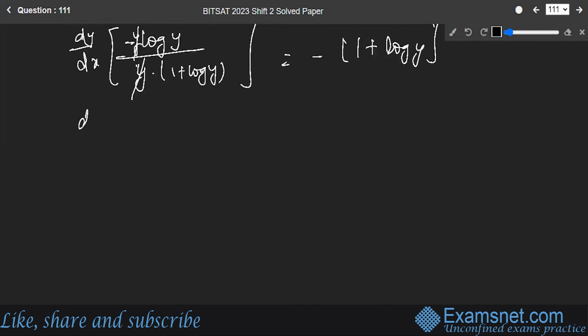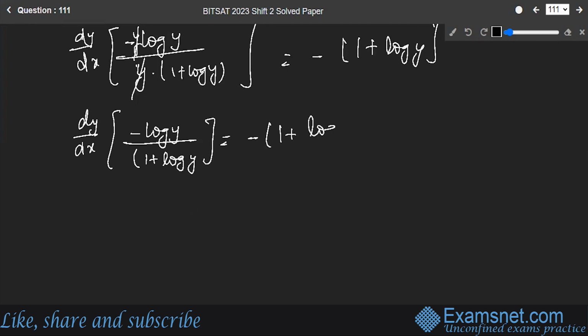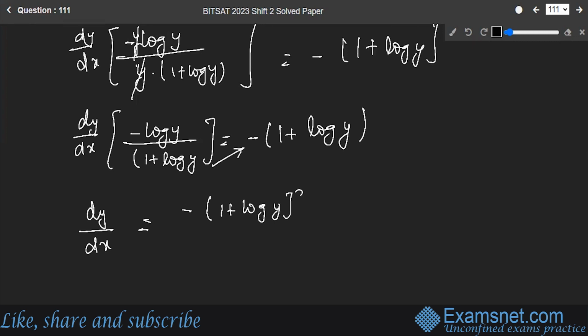This will be dy by dx into minus log y upon 1 plus log y is equal to minus 1 plus log y. Okay, so let's do cross multiplication. This will go over here. So dy by dx will be equal to minus 1 plus log y whole square divided by minus log of y.